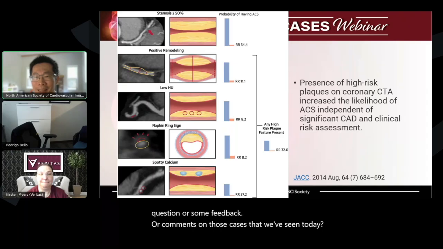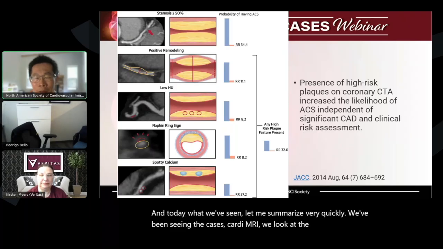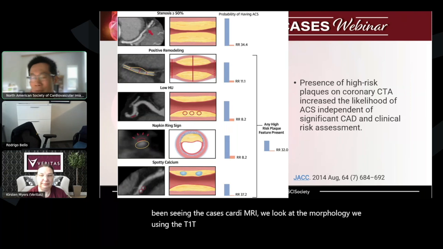I've heard some of you giving comments, and I appreciate that. Let me summarize very quickly what we've seen today. We've seen cardiac MRI cases. We looked at morphology, using T1 and T2 tissue characterization.